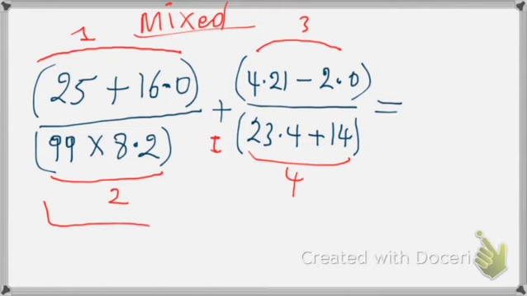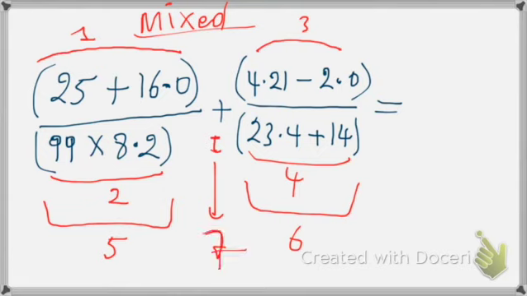And then all of these are going to be my number 5. All of these are going to be my number 6. And that will come as number 7. So basically, I'm going to do it in 7 different operations, and in each operation, I'm going to be focusing on specific rules.